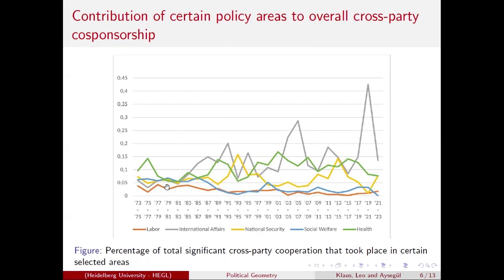We can see that, for example, labor or social welfare are areas where not that much cross-party cooperation was going on. However, international affairs has some really big numbers sometimes, and that indicates that external factors and global happenings might influence parties and make them work together.